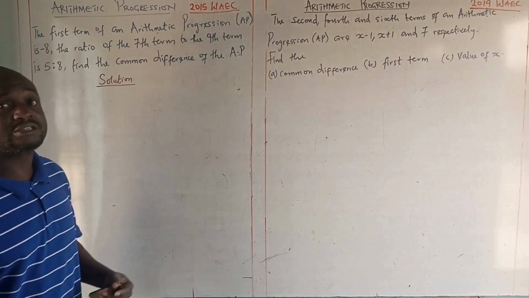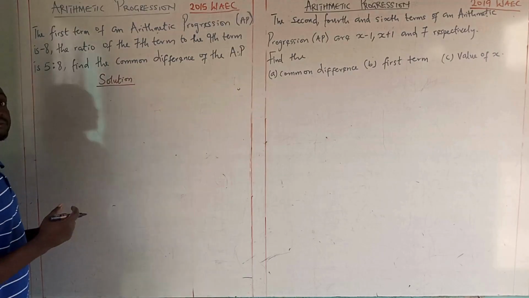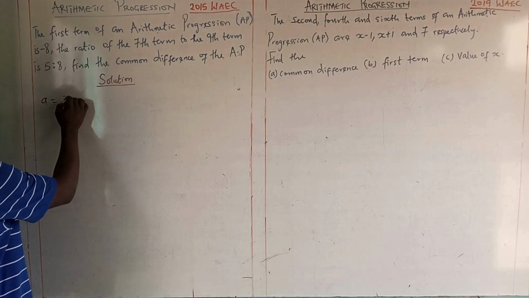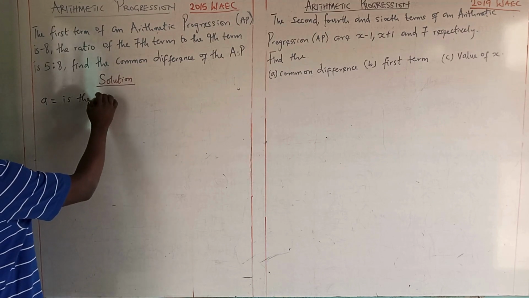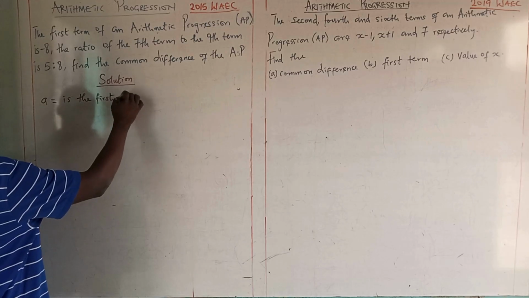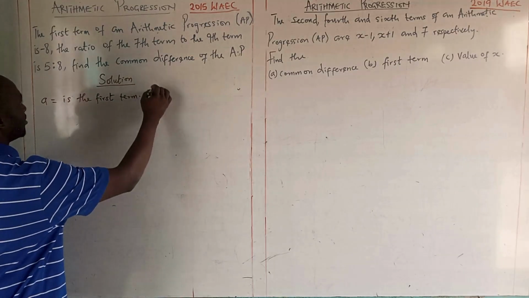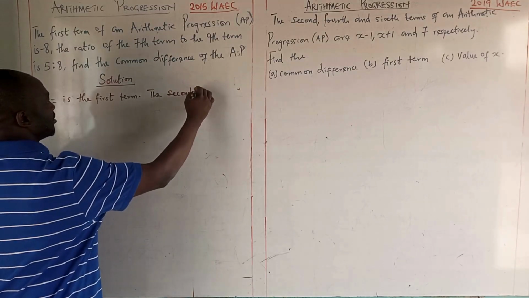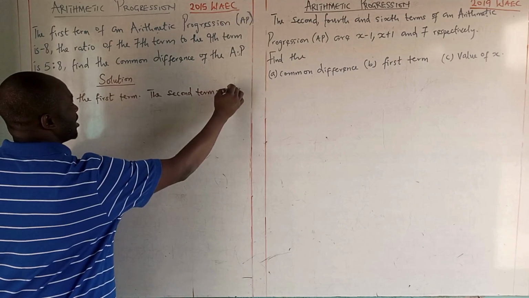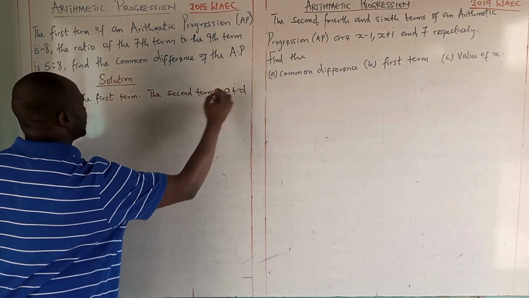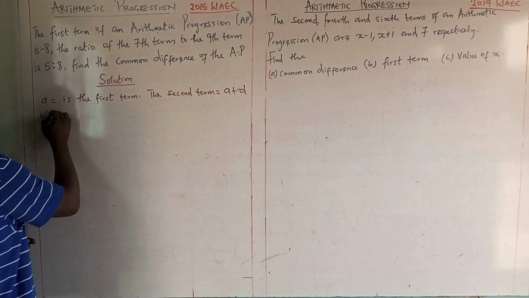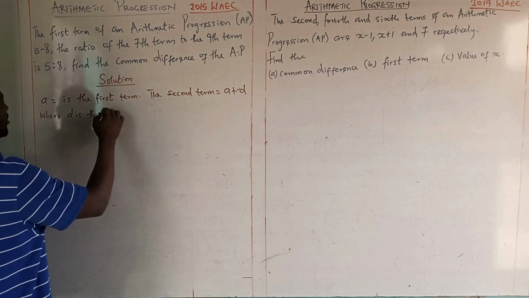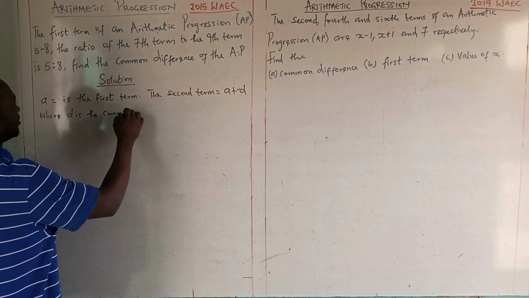recall some basic things in arithmetic progression, which are: A is the first term. The second term is A plus D, where D is the common difference.